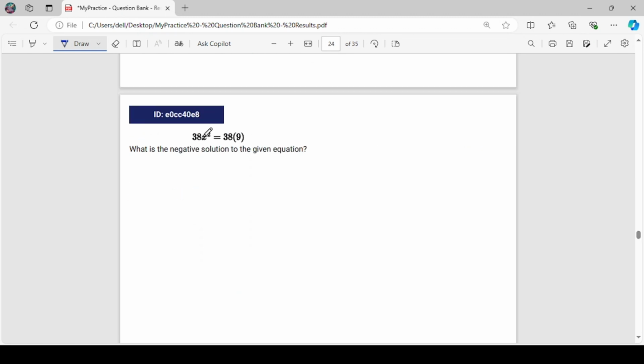Easy peasy. The given equation is 38x² = 38 × 9. Let's put this in a calculator. 38 times 9 equals 342. Now we'll divide by 38, so x² = 342 divided by 38, and that gives us 9.